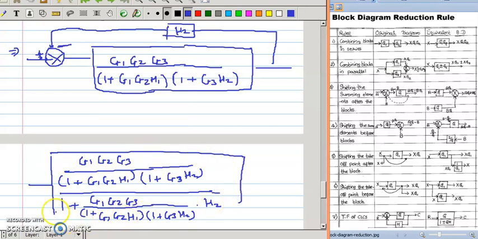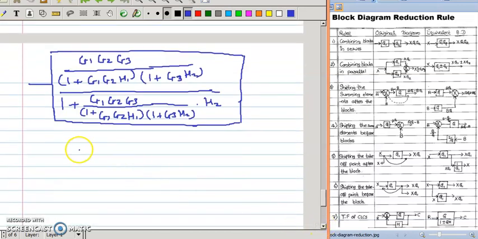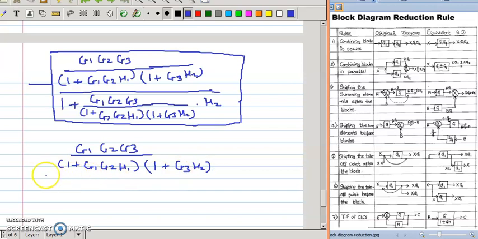So maybe you think that it looks very complicated. So can we reduce it? We can easily reduce it. The numerator we put as it is, G1 G2 G3 divided by 1 plus G1 G2 H1, and in the second bracket 1 plus G3 H2, right, whole divided by, can we take cross multiplication here?